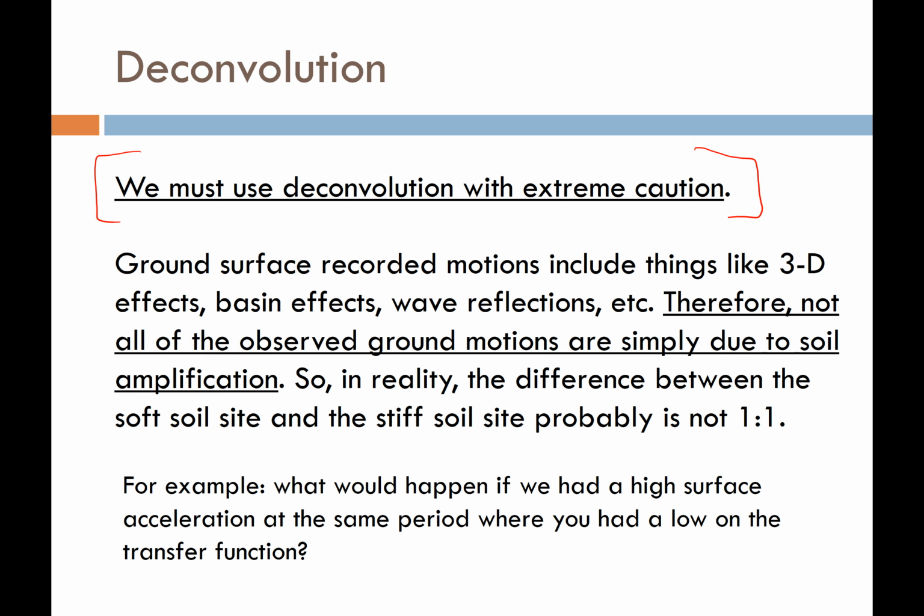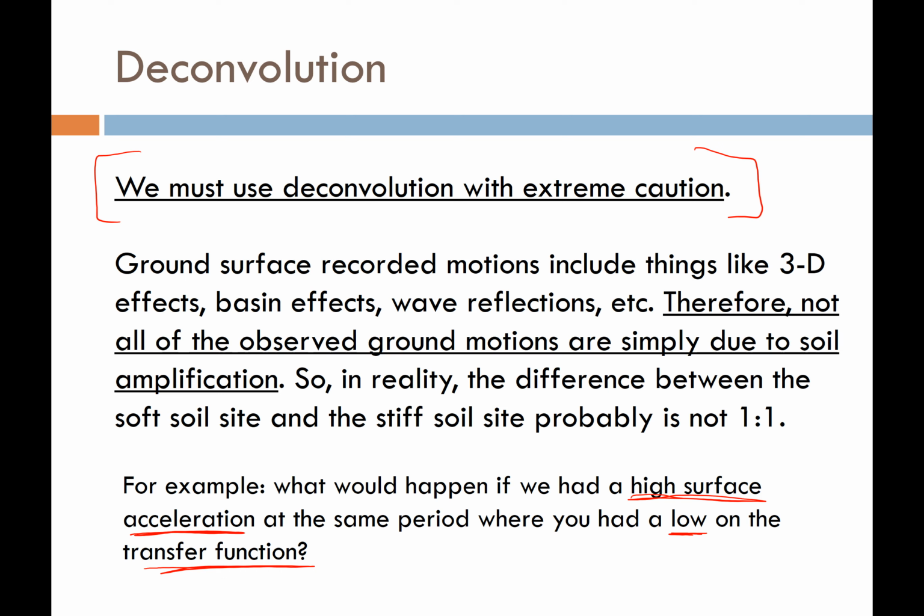So what's the danger of deconvolution? Well, here's something to consider. What would happen if we had a really high surface acceleration, and at that same period where we had that high surface acceleration in the Fourier spectrum, what if we had a low value on our transfer function?